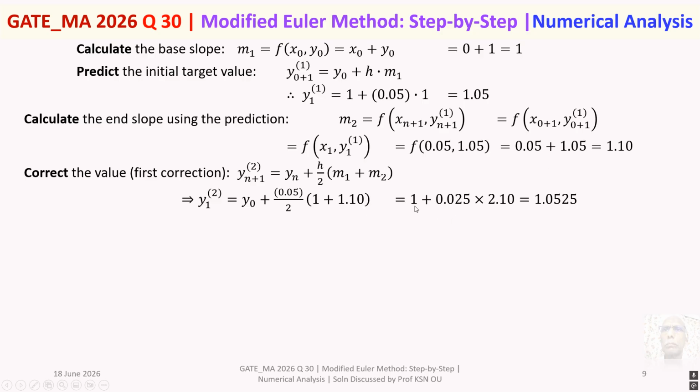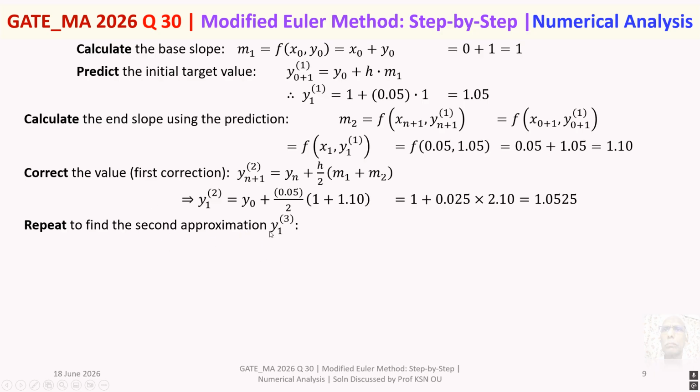That is 1 plus 0.025 multiplied by 2.10, and computing, you will get 1.0525.